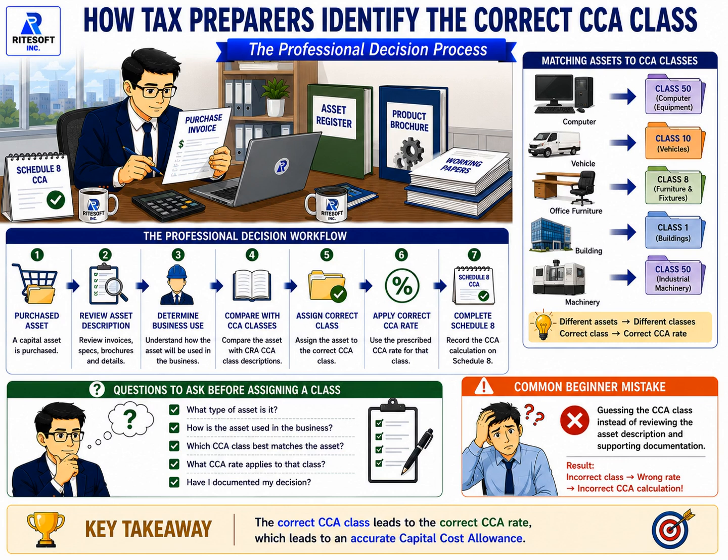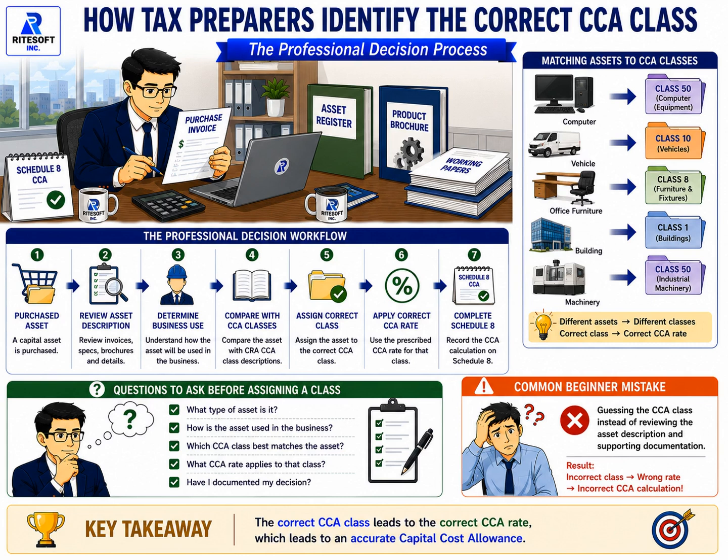For example, a computer, a delivery vehicle, office furniture, manufacturing machinery, and a building are all capital assets, but they serve different business purposes and belong to different CCA classes. After understanding the asset and its business use, compare its characteristics with the available CCA class descriptions.